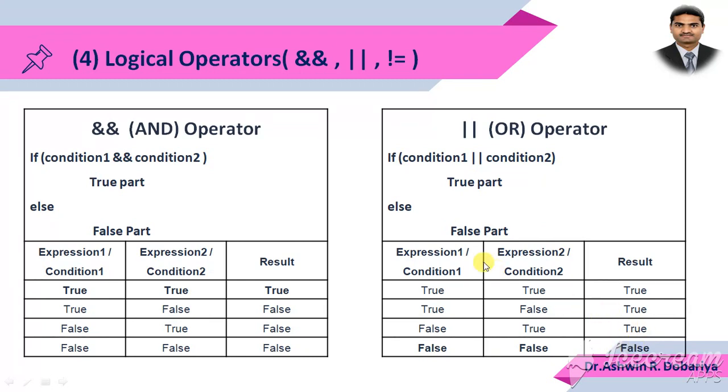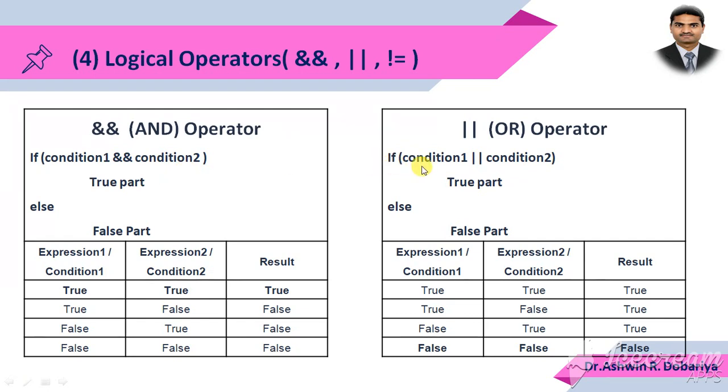So in summary, in the AND operator, if all conditions are true, if both conditions are true, then it returns true. But if one of the conditions becomes false, the overall condition returns false. In case of the OR operator, if any one condition becomes true, then the overall condition becomes true.